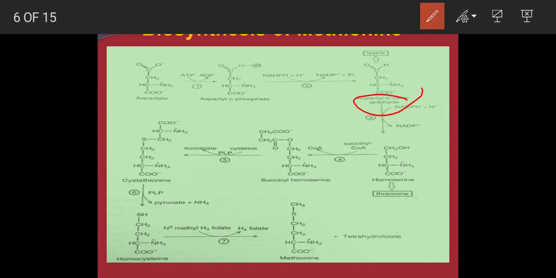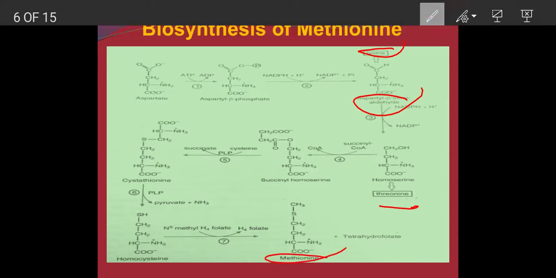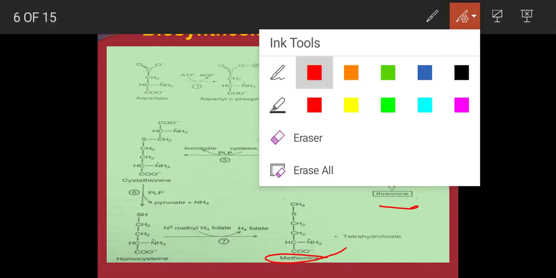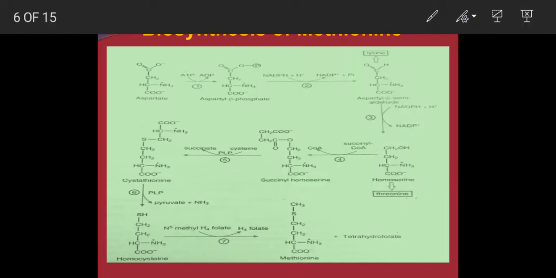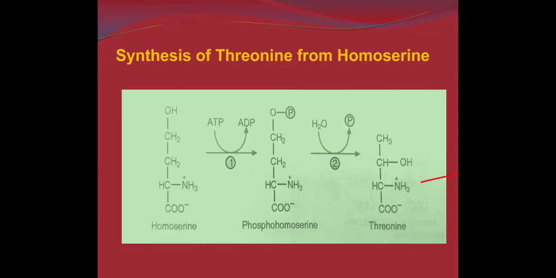And this aspartyl beta semialdehyde gives rise to threonine and lysine and methionine. Now in this 7-step reaction, the aspartate gives rise to methionine. Homoserine, which is an intermediate, gives rise to threonine.